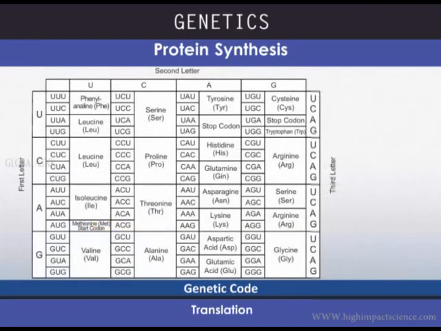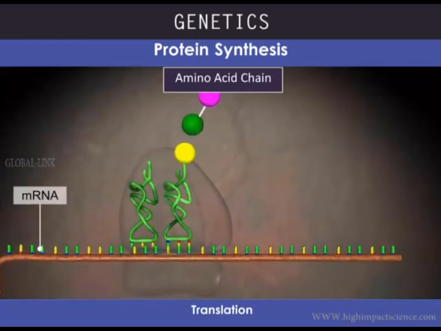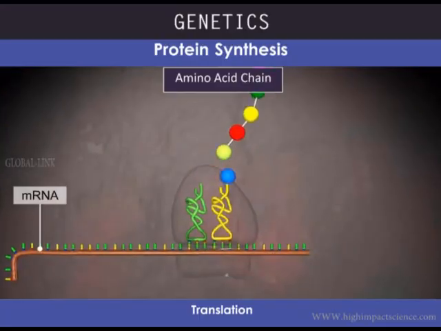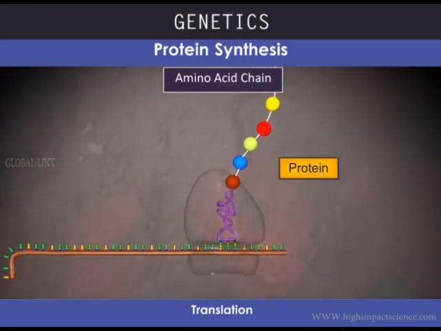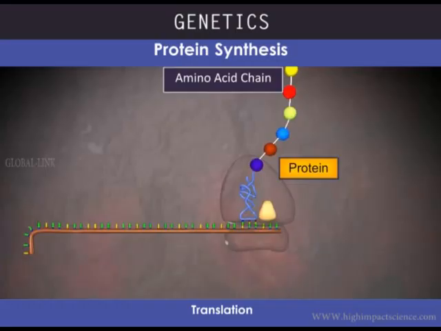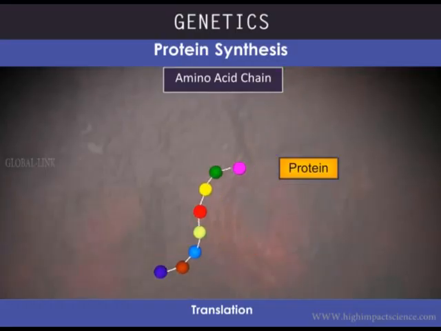However, several codons can code for the same amino acid. And so, the transfer RNA for each amino acid transfers the same to the ribosomes to add to the elongating sequence of amino acids. Once the ribosome encounters a stop codon, the process is terminated and the protein is released from the ribosome.